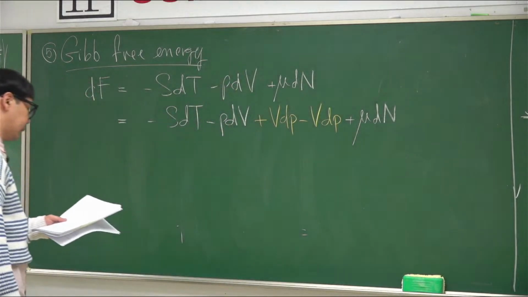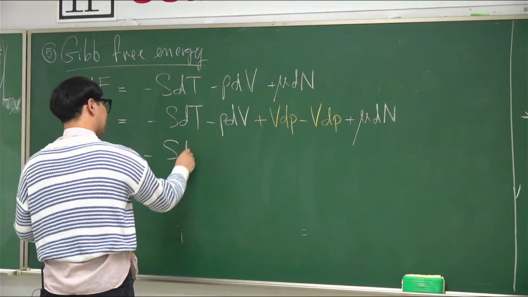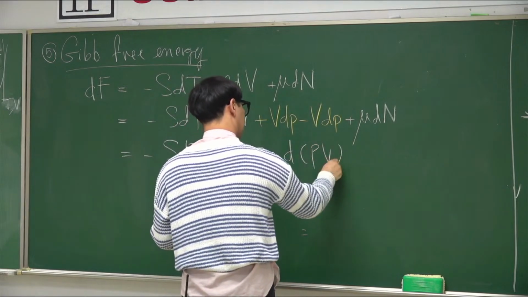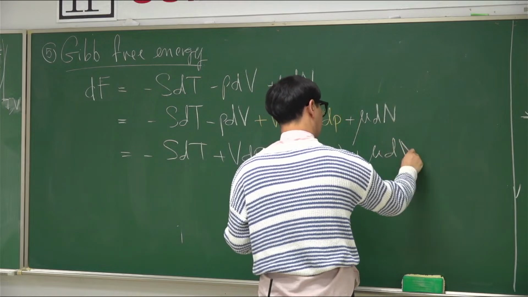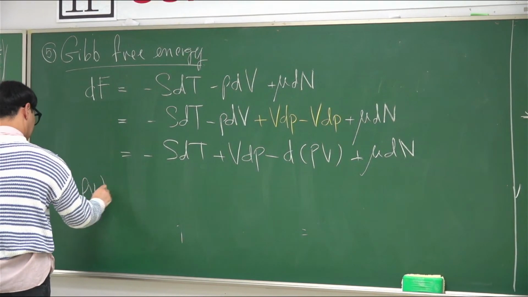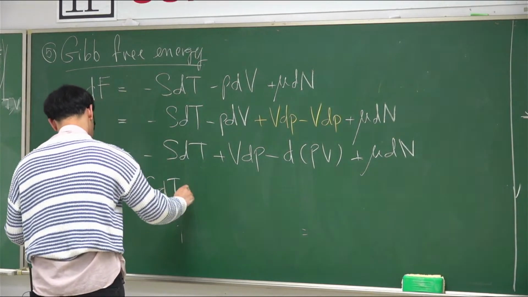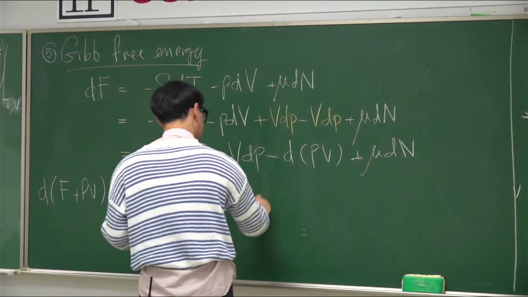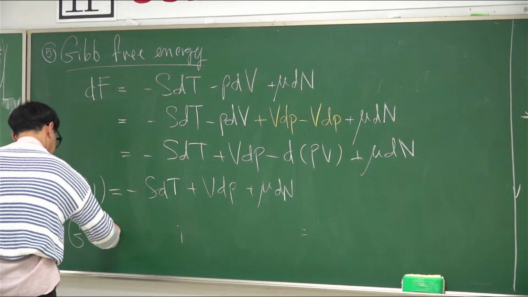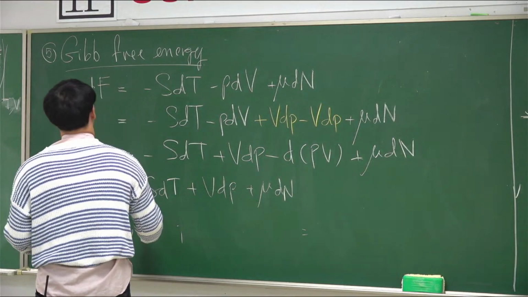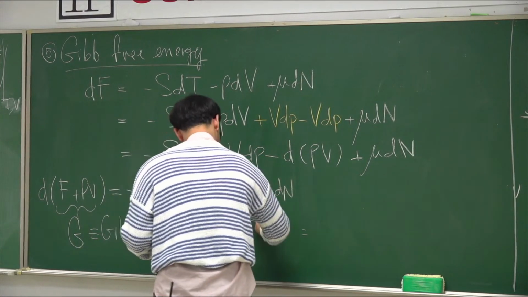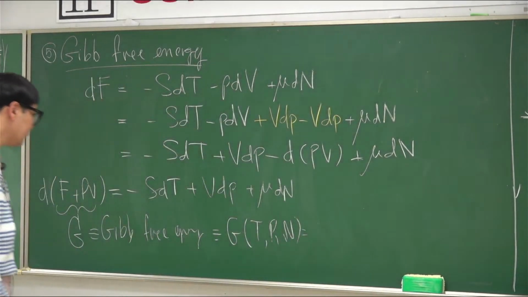It means that you're going to have this one, and finally you could put things in this way, and you're going to call this quantity the Gibbs free energy, which is a function of the three variables, right?